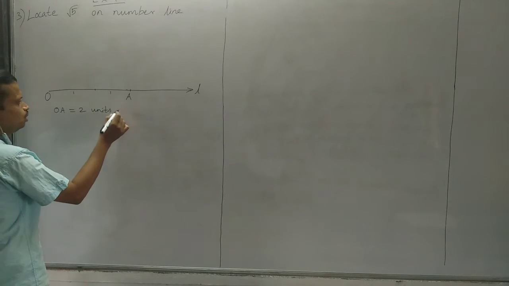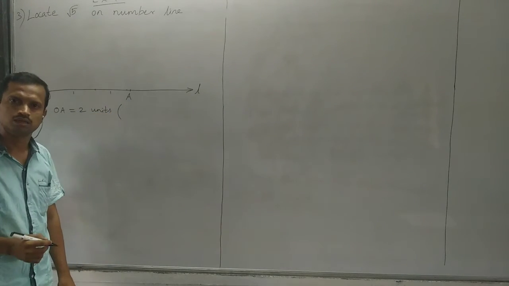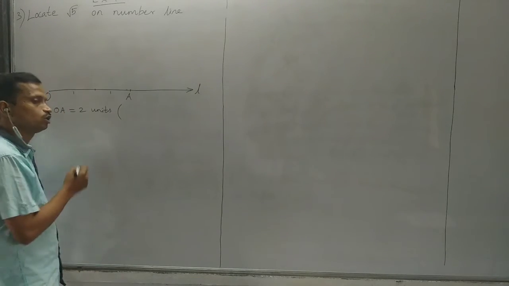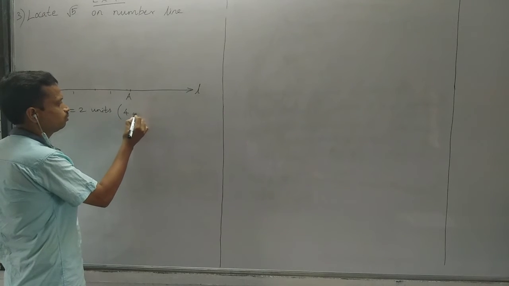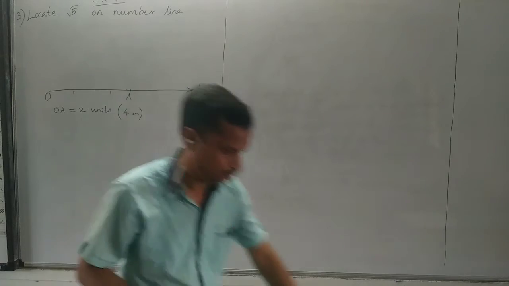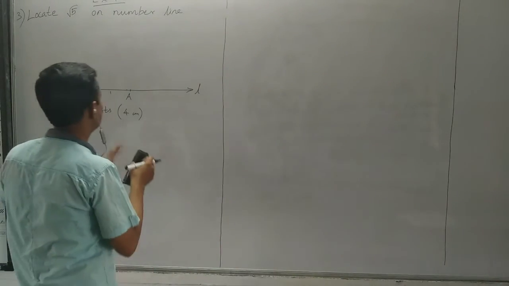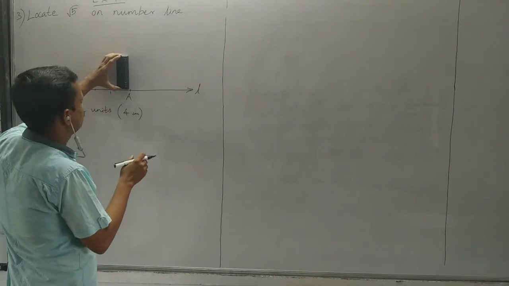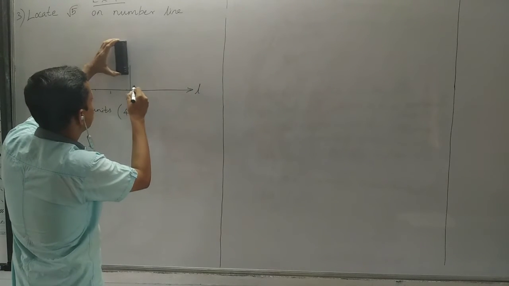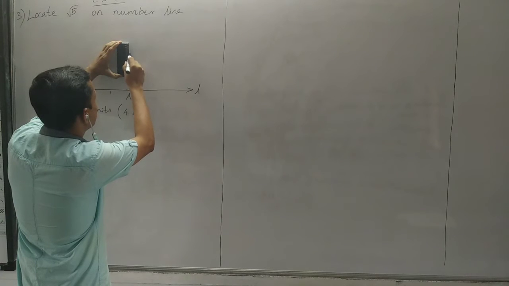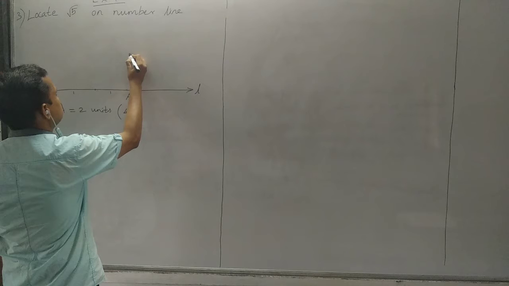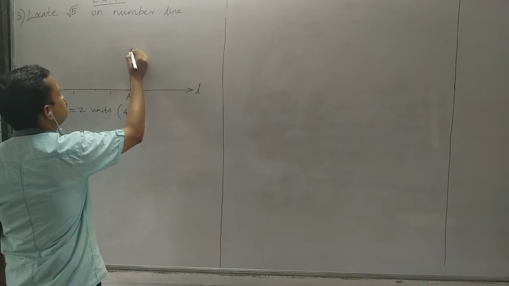For 1 unit we take 2 centimeters, therefore for 2 units you have to take 4 centimeters. Is it clear? And now through A, draw a perpendicular here, and mark it as B.